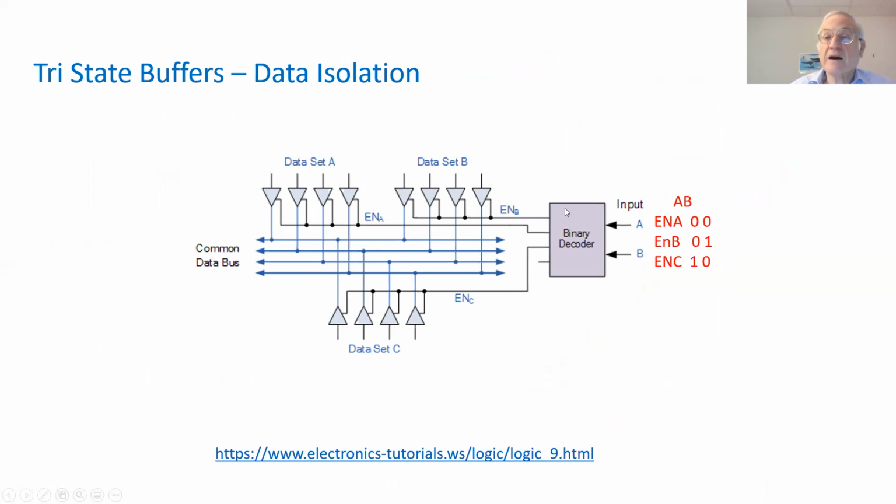However, we have a binary decoder over here, and depending on the code, if it's 00, for example, there are only 2 bits. So we have possibly 4 options. We need only 3.